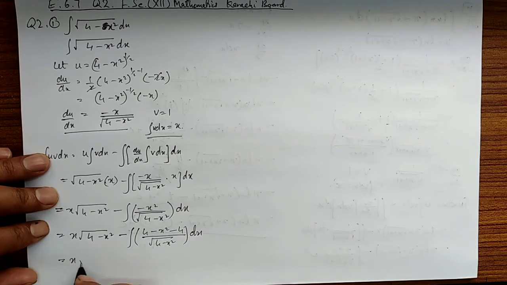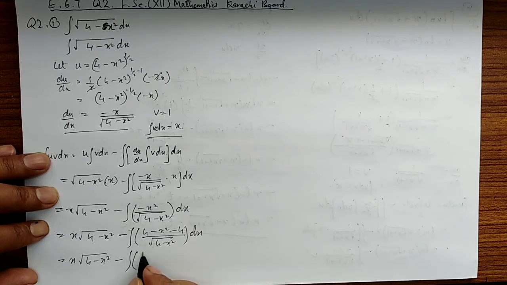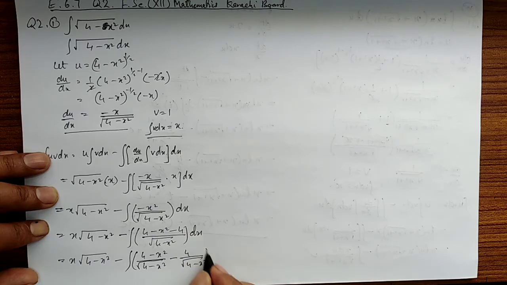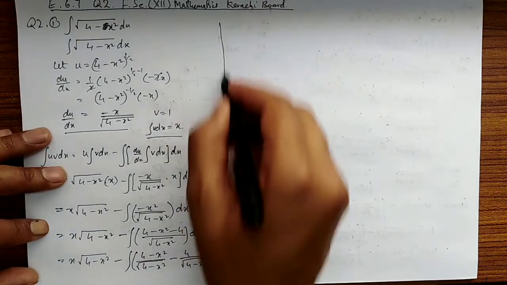So x root of 4 minus x square minus integral of 4 minus x square upon root of 4 minus x square minus 4 upon root of 4 minus x square dx, right?